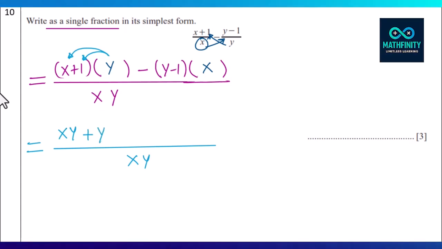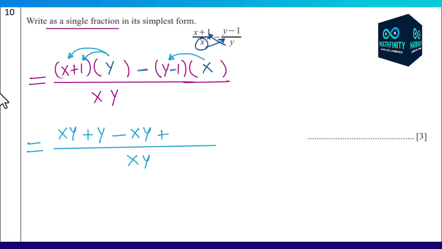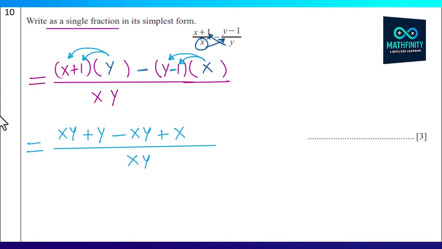Similarly, you have to multiply x with this one and also negative, so it will be negative xy. This negative and this negative will become positive, and you have to multiply x with 1, so it will be x. After this, you have to add or subtract the like terms.